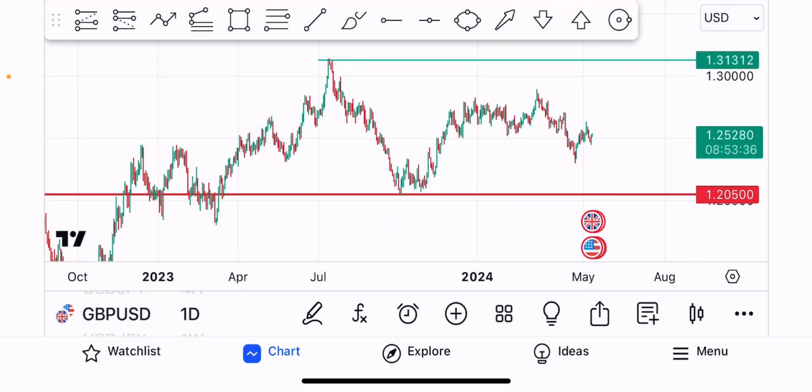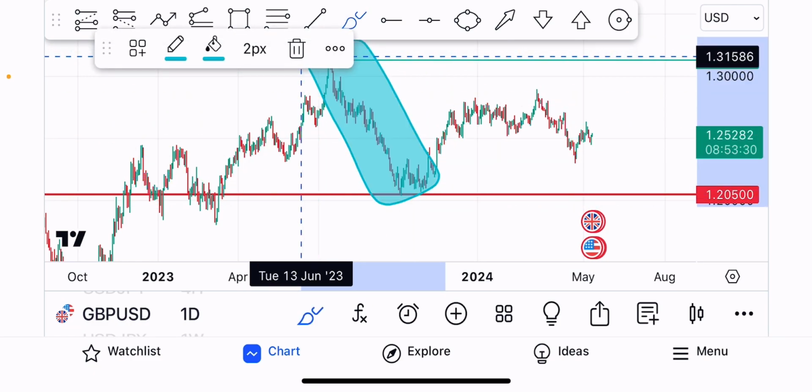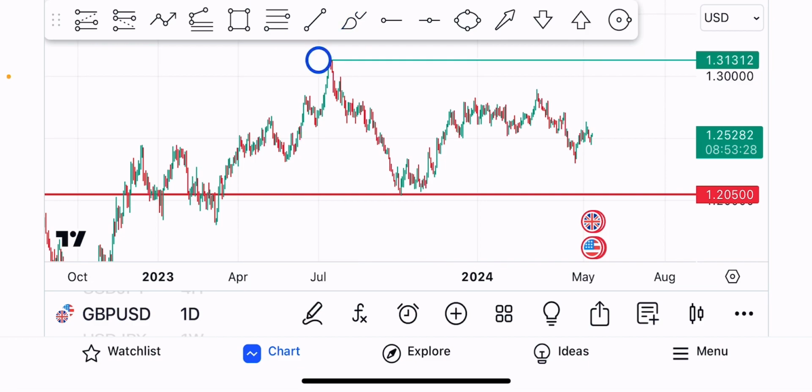It has not taken out the high that is the start point of the swing, which is this strong pullback right here. That trend is still very much intact.